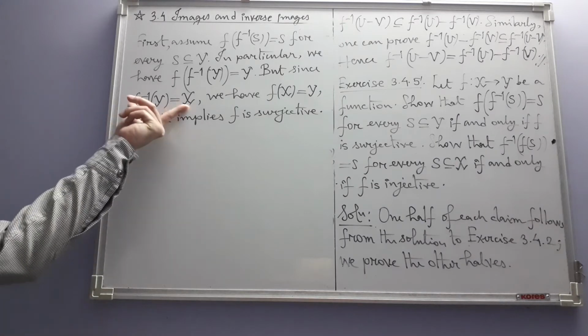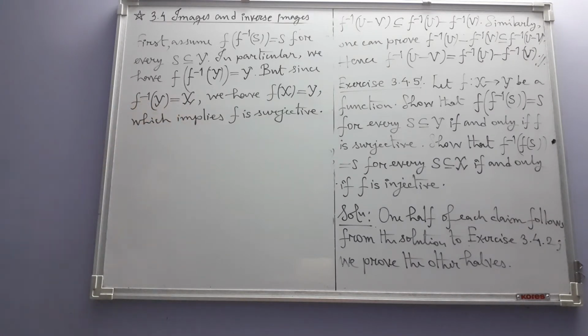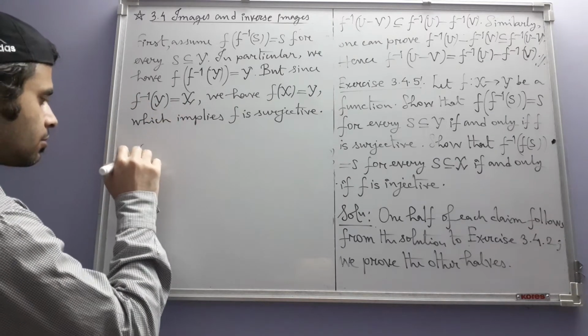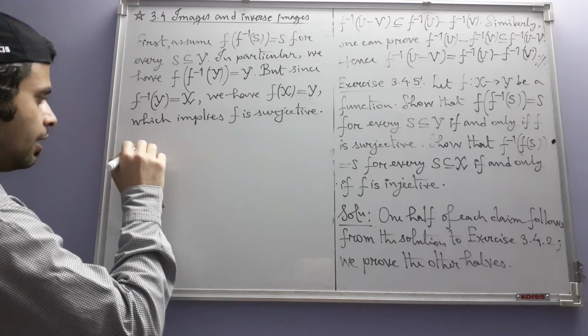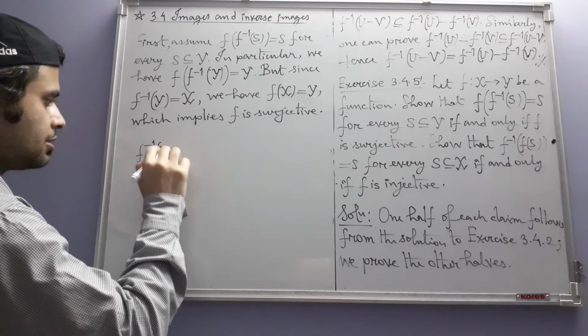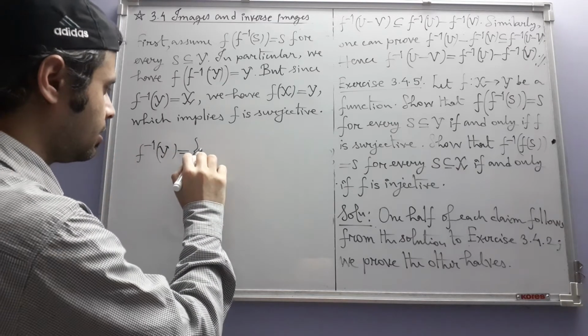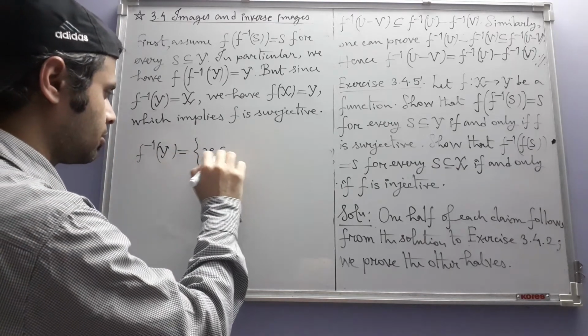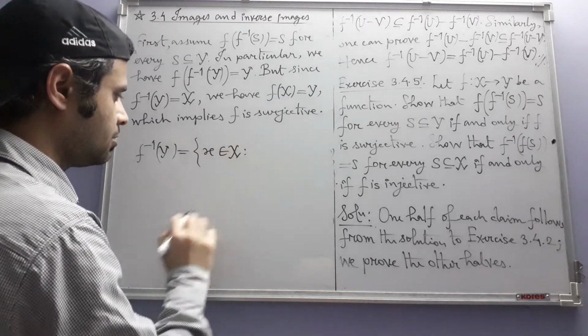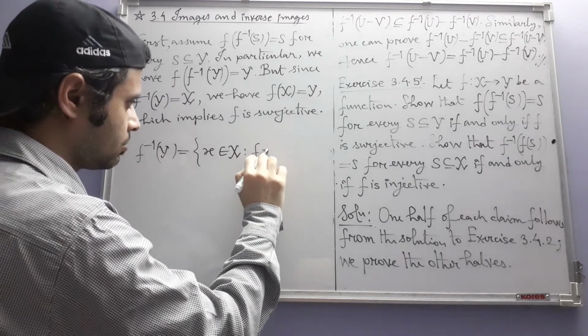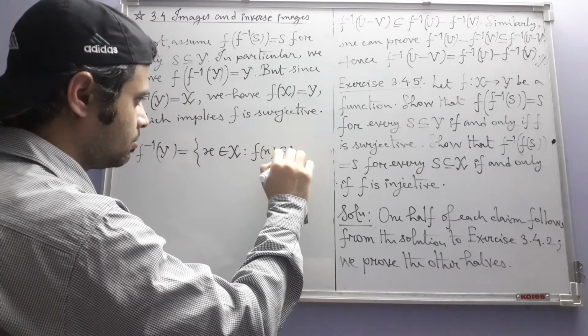Okay, how is this true? This is always true. You see, what is f inverse of Y? It is the set of all elements X belonging to, by the definition of inverse image, such that f of X belongs to Y.